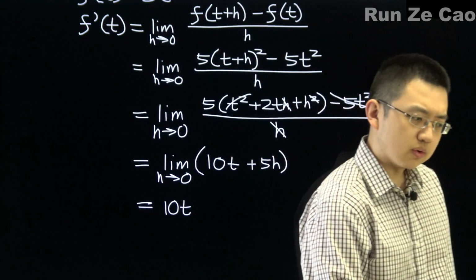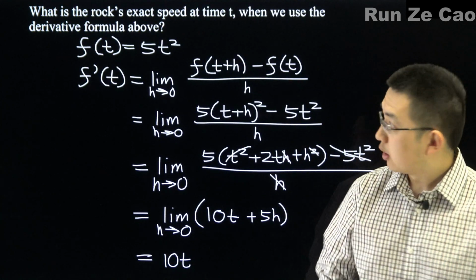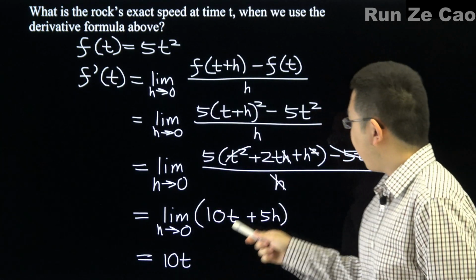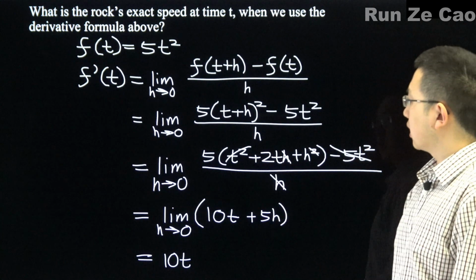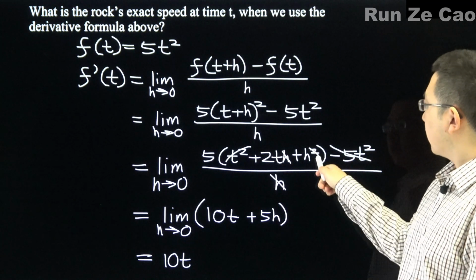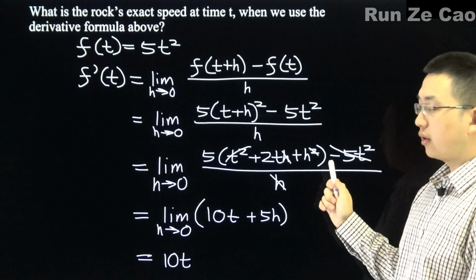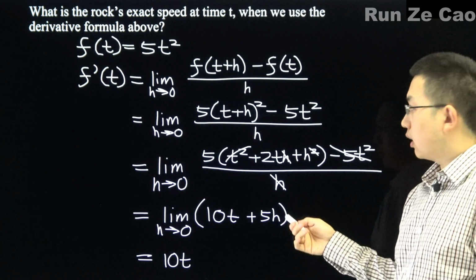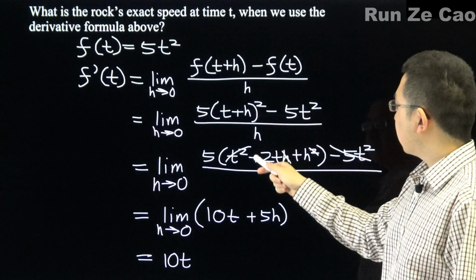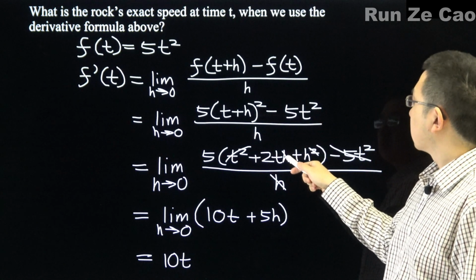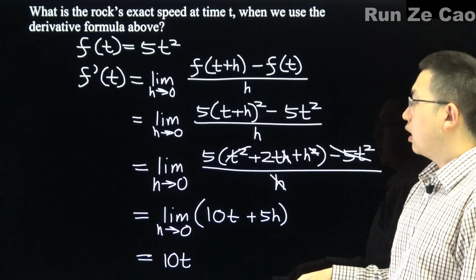If we decided to do this with, say, to the third power, we would have 3 as a coefficient in here, and then all the rest, because all the h's go to 0, after we cancel this one out, what happens? We end up with 3 comes down here, and then we end up with t squared.